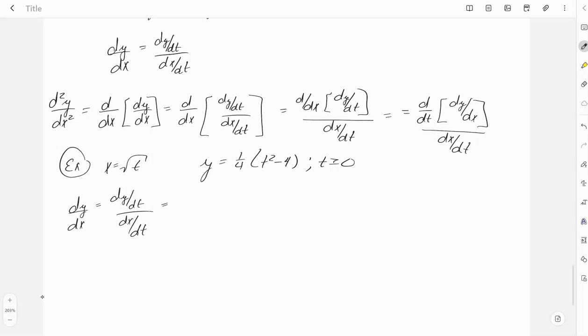So if I take the derivative of this, I'm going to think about rewriting this before I take that derivative. So 1/4 t squared minus 1. So I bring that exponent down, so 2/4, which is 1/2. Subtract 1 from the exponent. And the derivative of that, -1, would be 0.